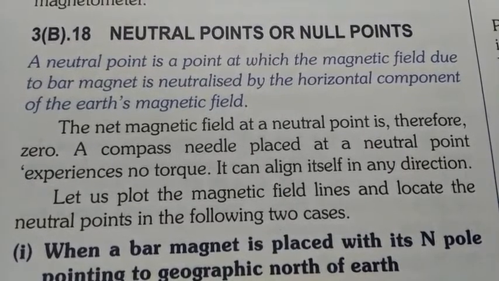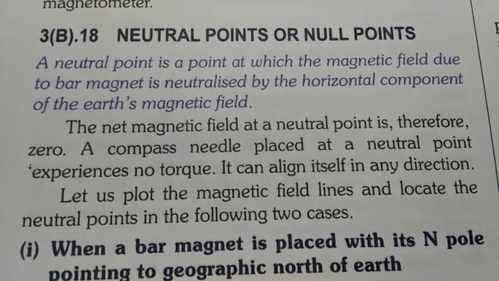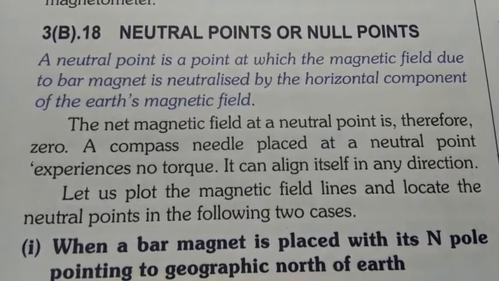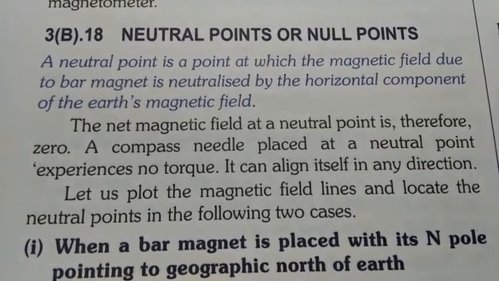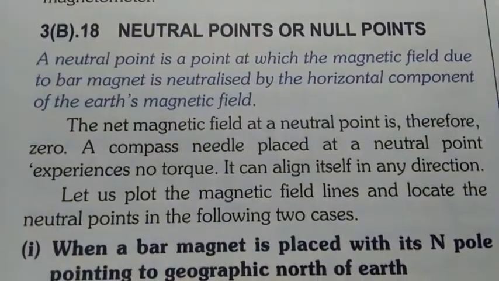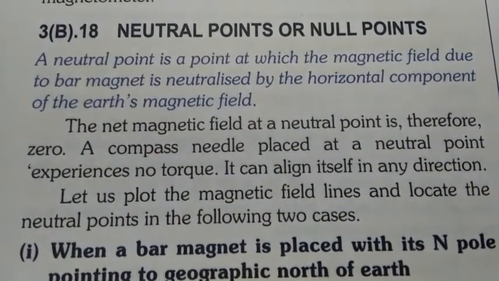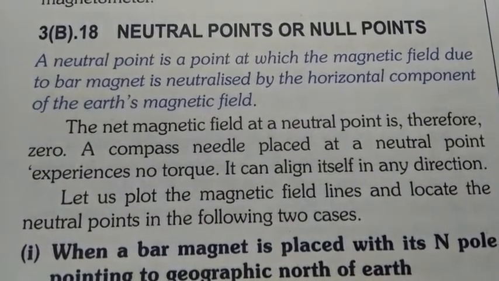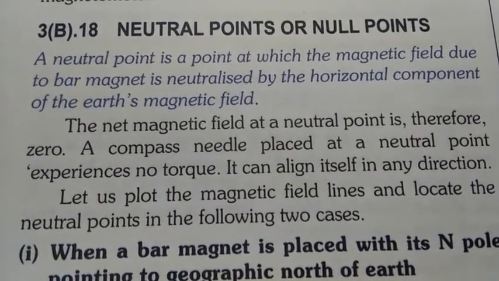We already discussed this point at the start of this chapter, when I was explaining what caused scientists to think that Earth also has a magnetic field, and this neutral point or null point was one of its causes. Due to null points only, the physicists started thinking that there must be some magnetic field present on Earth, because of which the magnetic field of any other magnet is being cancelled out.